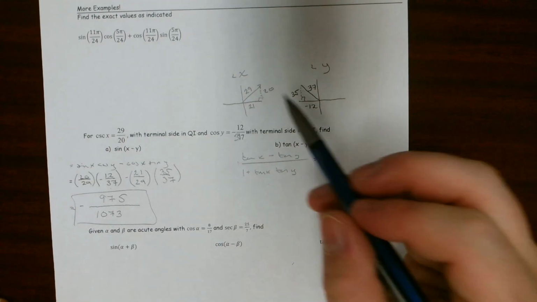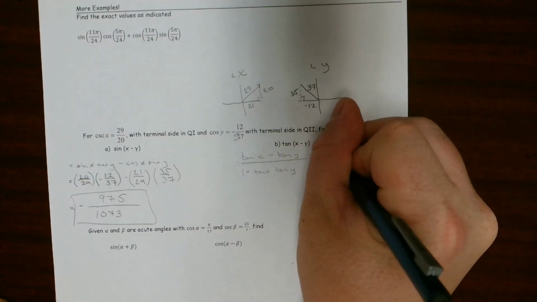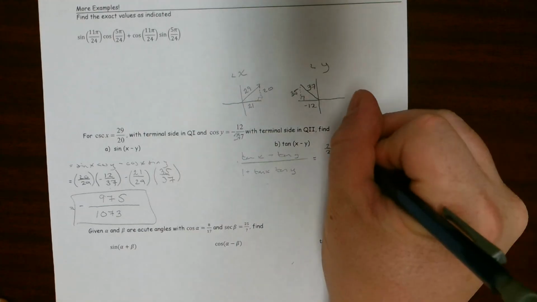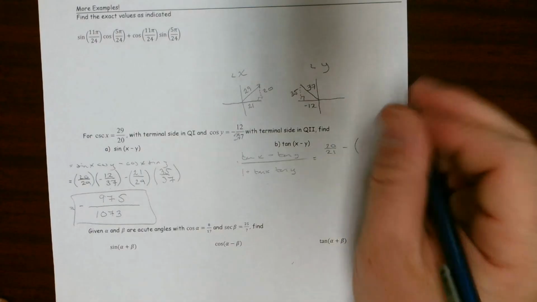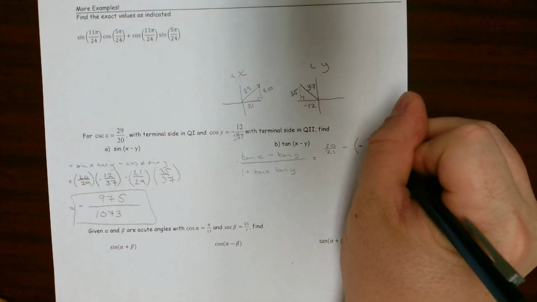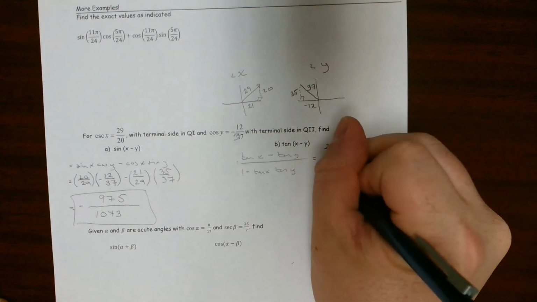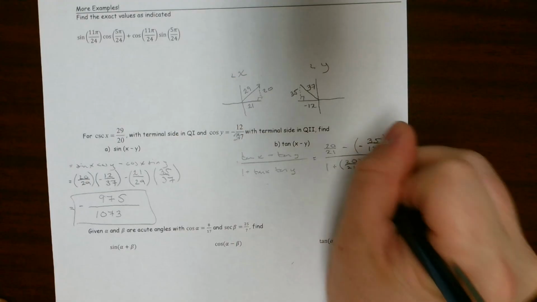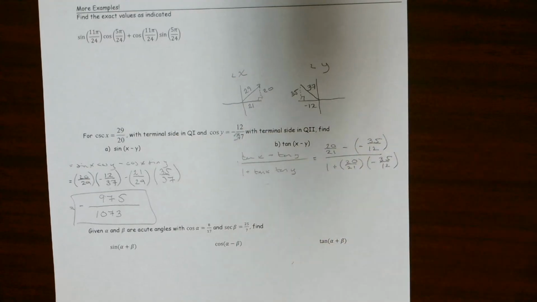So now you guys had a second to write that. Tangent of x, 20 over 21. Tangent of y, 35 over negative 12. Fill in those values on the bottom as well. And there we go.